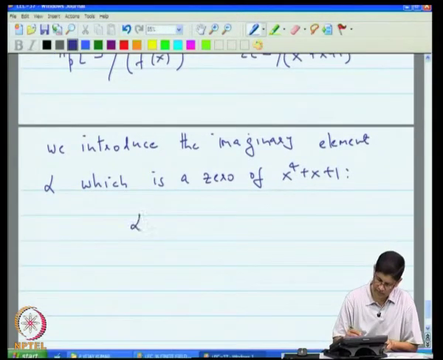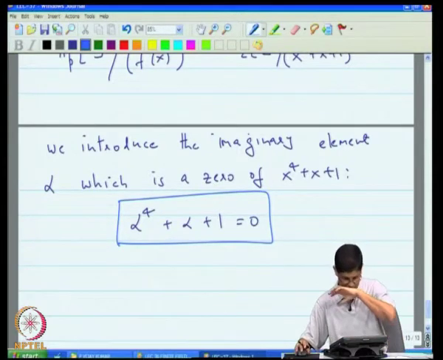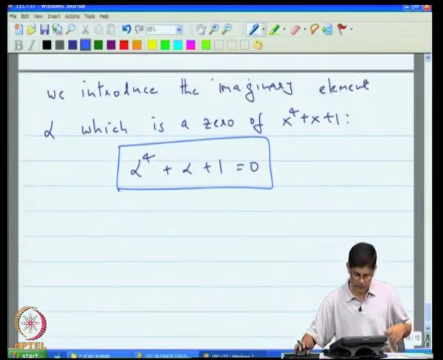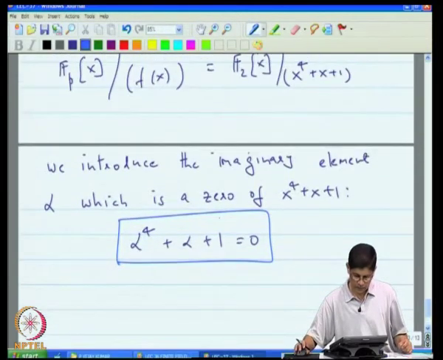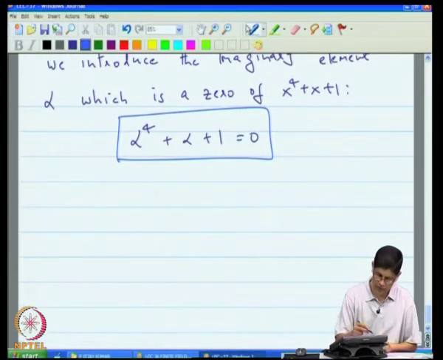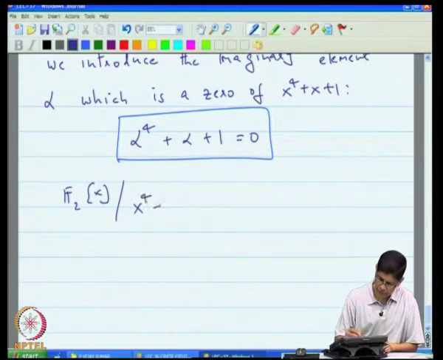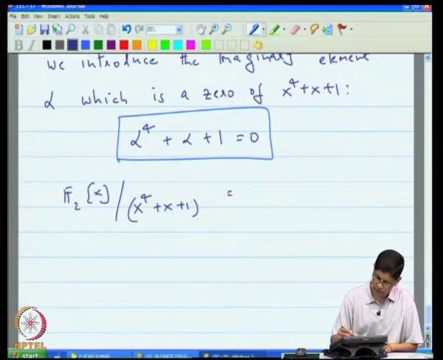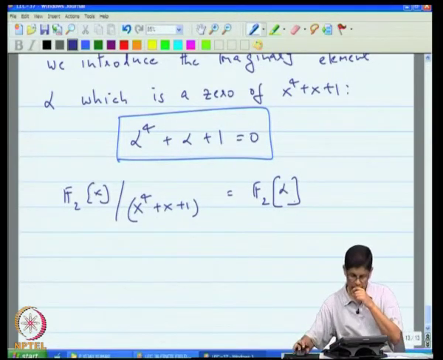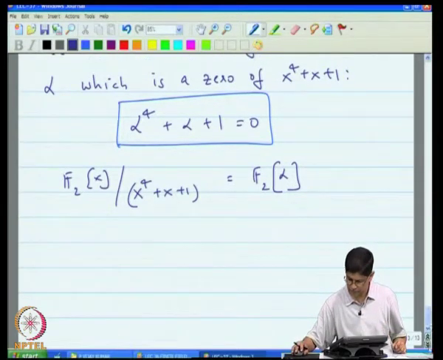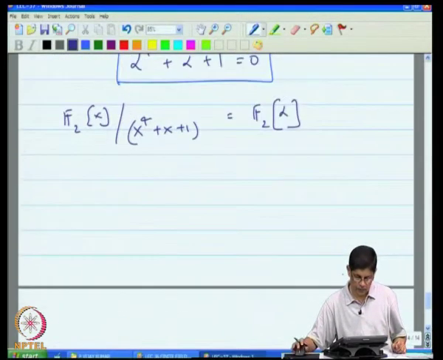So what we mean is that alpha^4 plus alpha plus 1 equals 0. So we assume that that will be our starting point. Now then what happens is that because we assume this to hold, then F_2 of x modulo x^4 plus x plus 1 will be precisely the set of all polynomials in alpha.